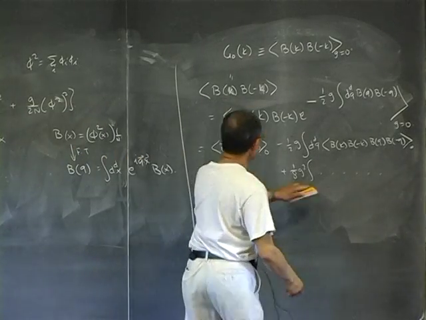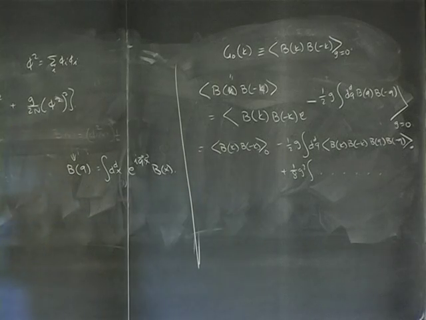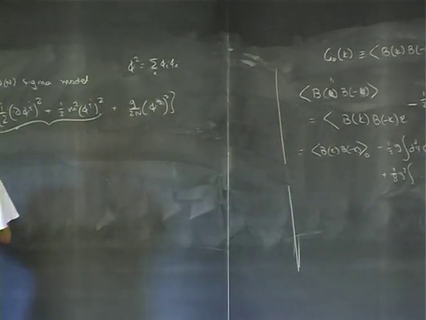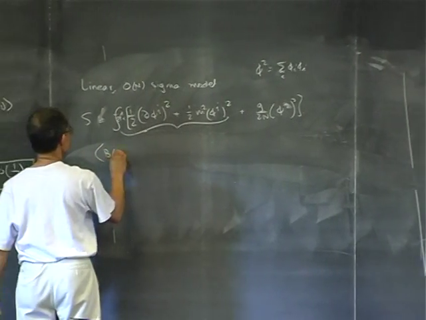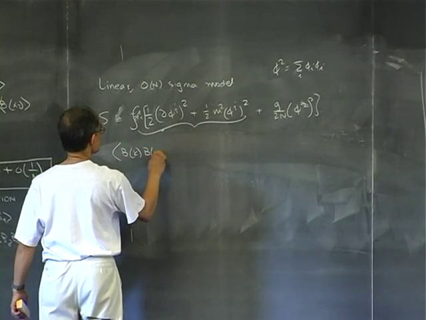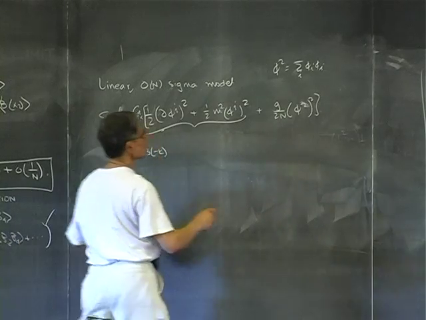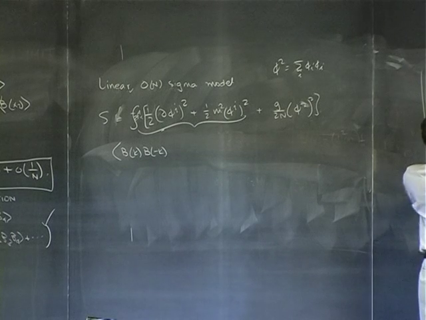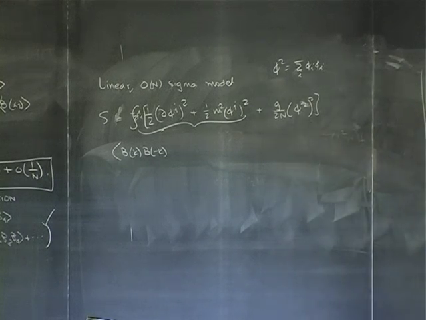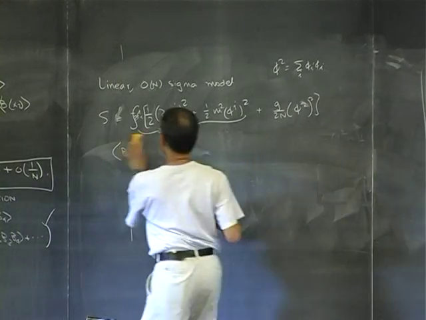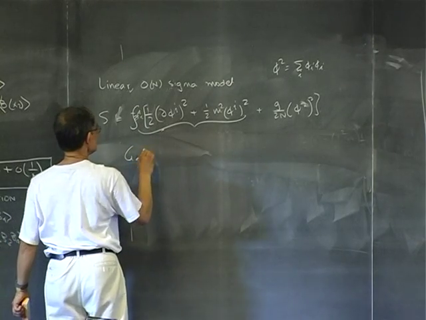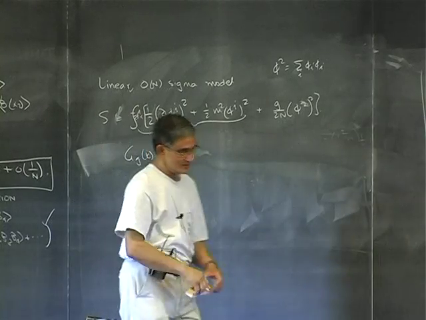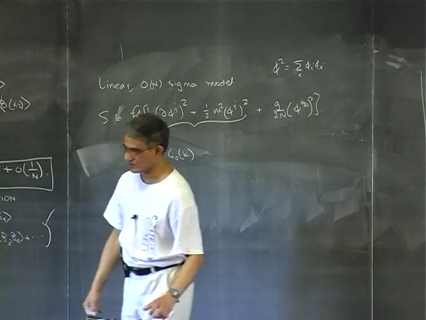And if you look at this, you will get a nice recursion relation which tells you that the 2-point function G of K, you can easily derive, is G0 of K. Let's get the signs right.